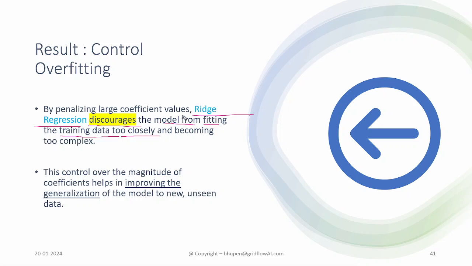So we are now taking the model a little bit away from the noise in the data or irrelevant or redundant features in the training data because of the penalty term. And hence, it prevents the model from becoming too complex. Now, because of this control over the coefficients, we have a better generalization of the model.